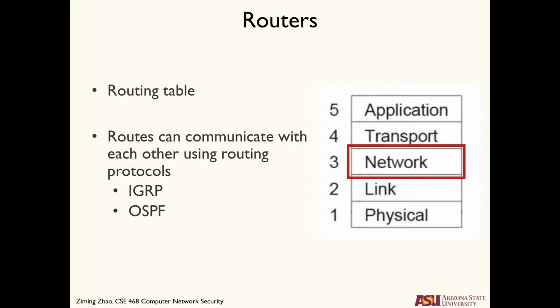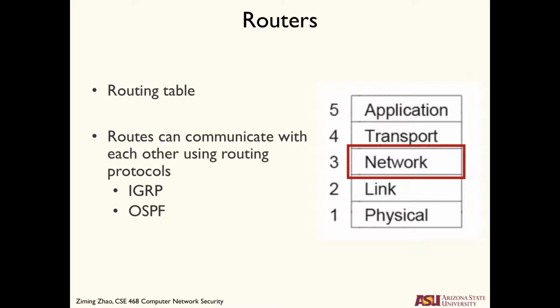In this class, we didn't discuss routing protocols, but at least we discussed that there are routing tables in those routers. Whenever a packet comes in, a router will decide how to forward it based on the routing table.